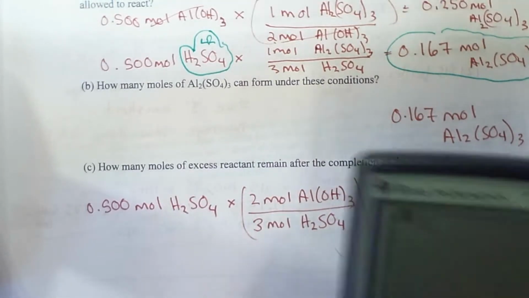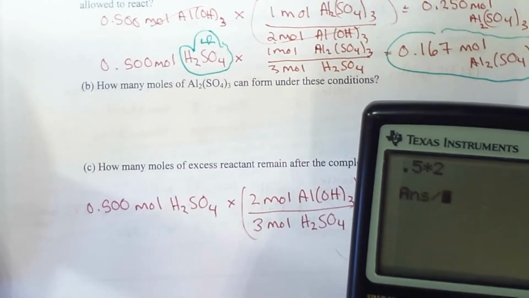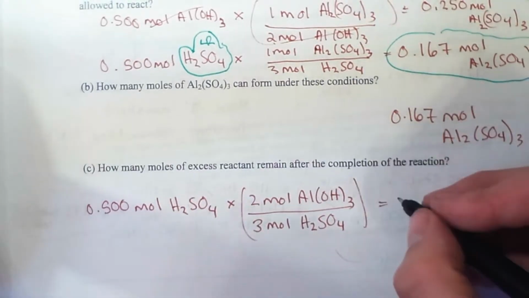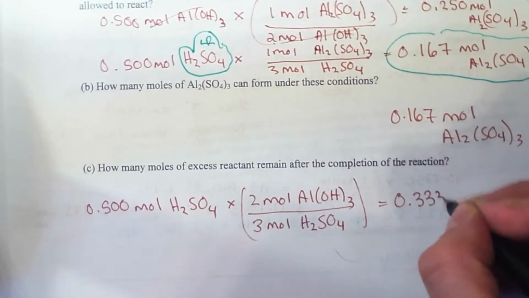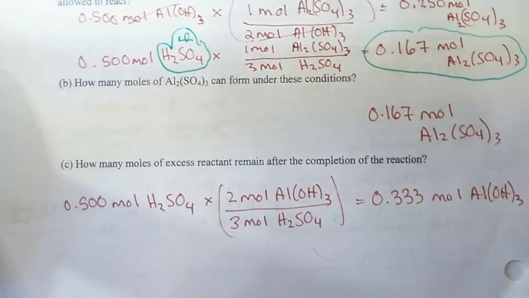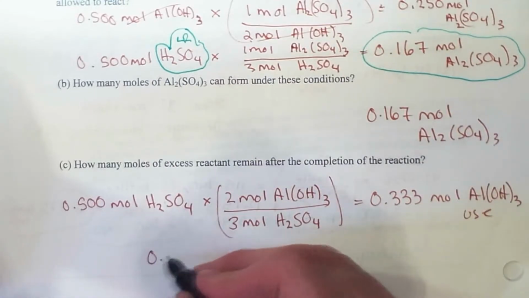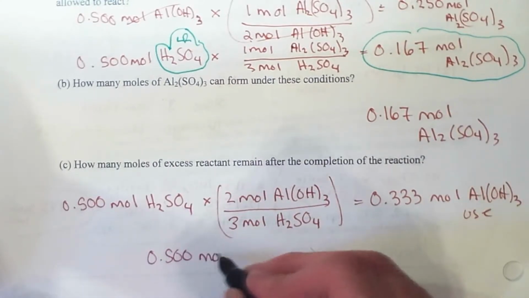So 0.5 times 2 divided by 3 is 0.333 moles of aluminum hydroxide will be used. So that's what we're going to use. We have 0.5 moles.